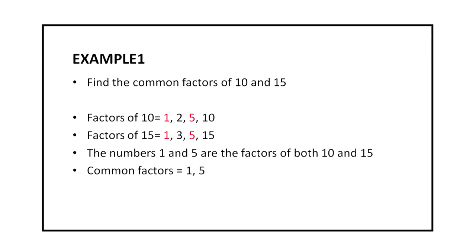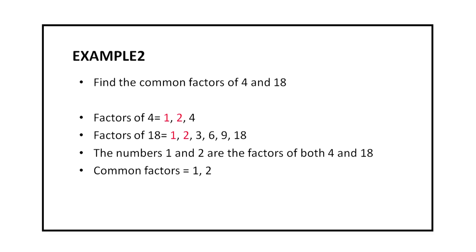For this, 15 is a factor, and the numbers 3 and 5 exactly divide 15. Thus, we get 4 factors for 15. Now, find out the factors that are common to both 10 and 15. We can see that the number 1 and the number 5 are common to both 10 and 15. Thus, we can write the common factors of 10 and 15 as 1 and 5.